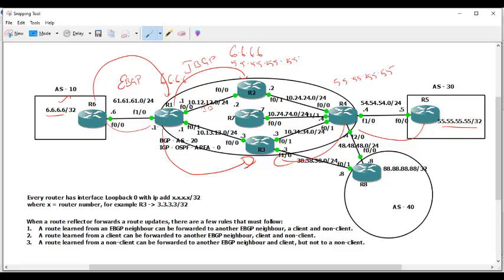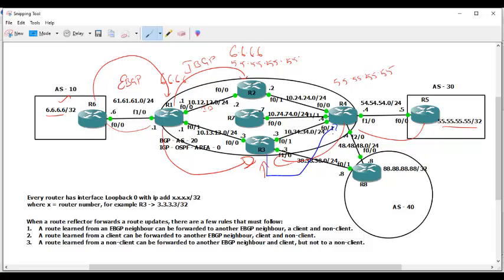To solve this problem, what am I going to do? In R3, I'm going to configure R4 as a client. I'm going to say R4 is a client. You can also do it in R2. Because I have written too much, it is too messy and I don't want to write anymore. So let us use R3 and form R4 as a client.